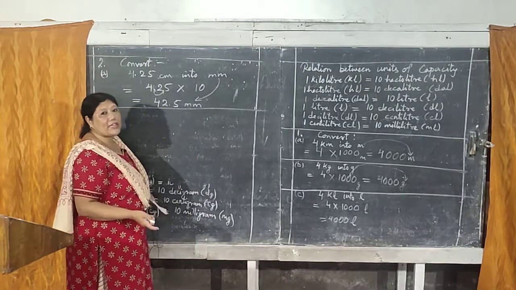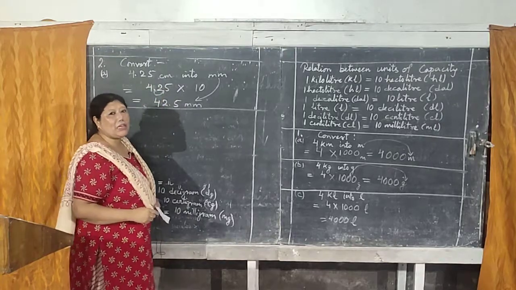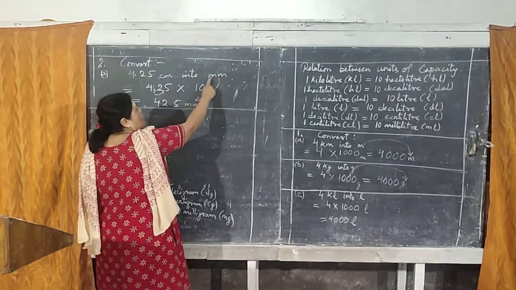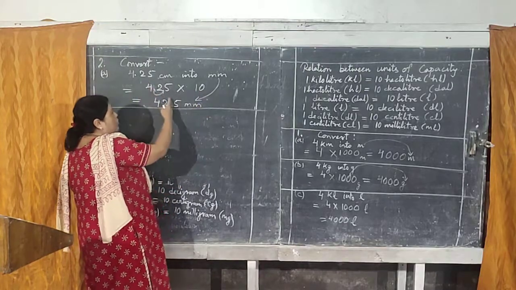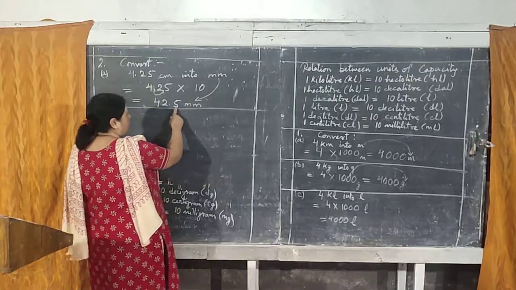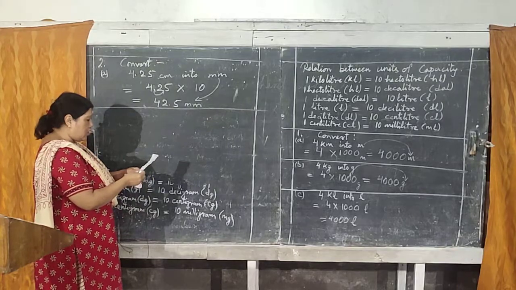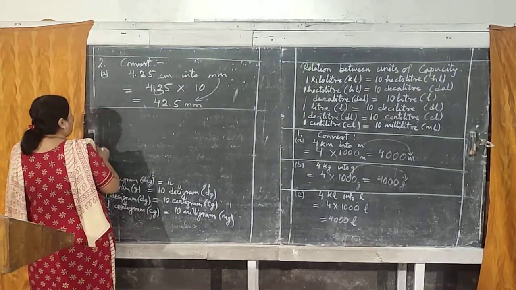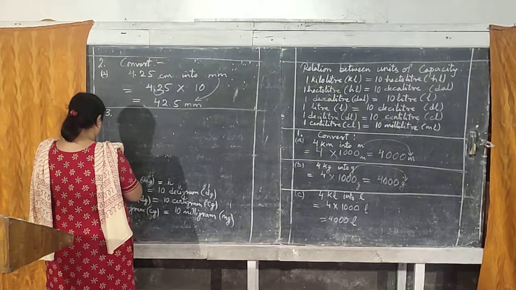And in case of capacity, here instead of meter there will be liter and here also milliliter, ml, and same thing because the question same. Okay, then here it will be milliliter. I am not going to show that. You understood, isn't it?